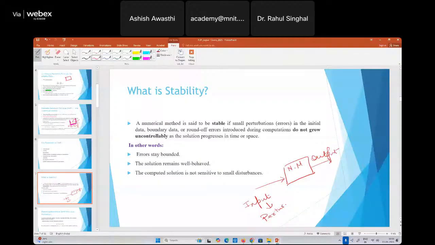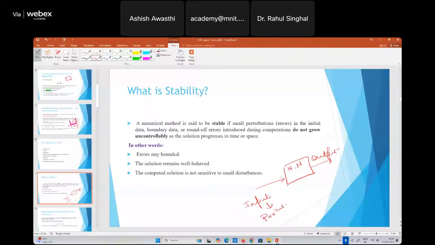So that itself will make some perturbation, some changes. So you have to make the system stable 100%. Then only you are going to ensure that the output, whatever is coming, does not have growth of error. Otherwise, it will give something different. The actual solution is suppose 100 and you may get 1000. That will happen if your system is not stable.